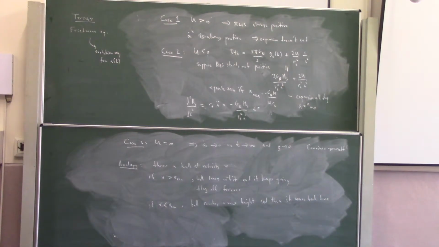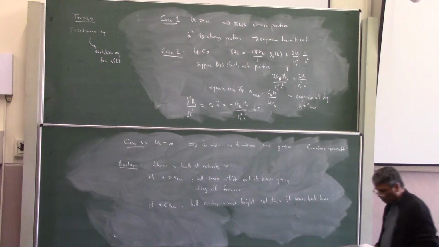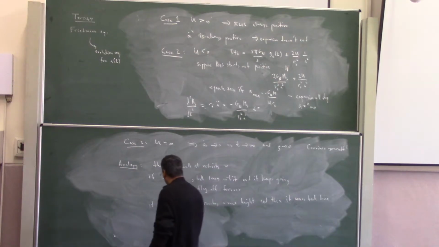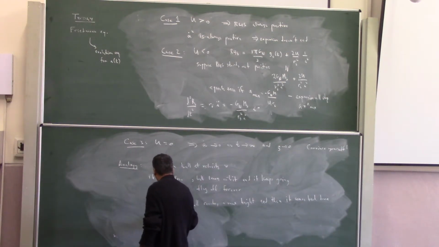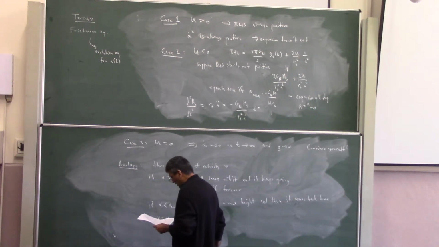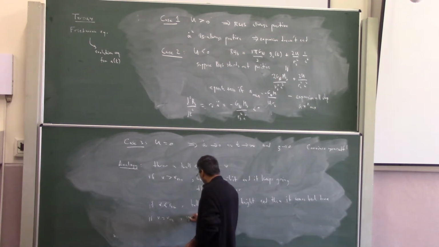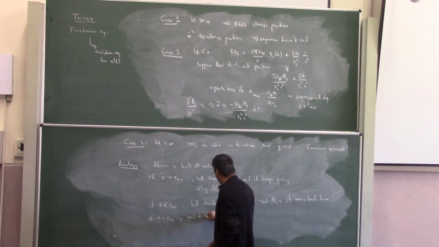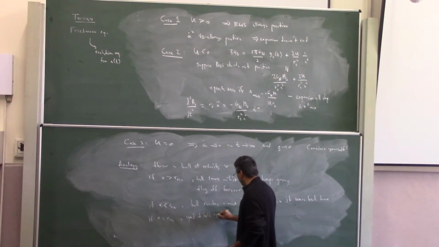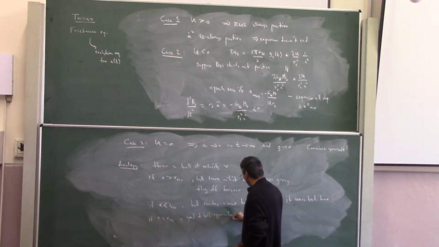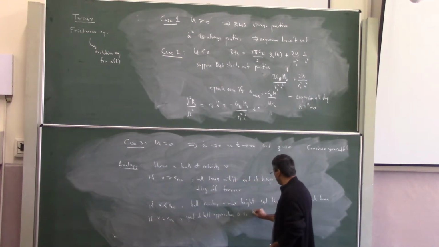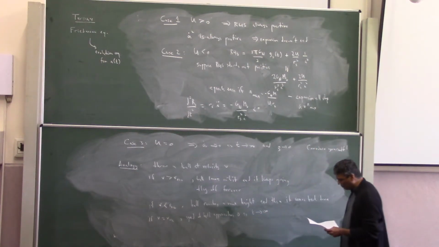Okay, so that's the second case we studied, where expansion reaches a maximum and then it again collapses. If v is exactly the escape velocity, then the speed of the ball approaches 0 as time goes to infinity.